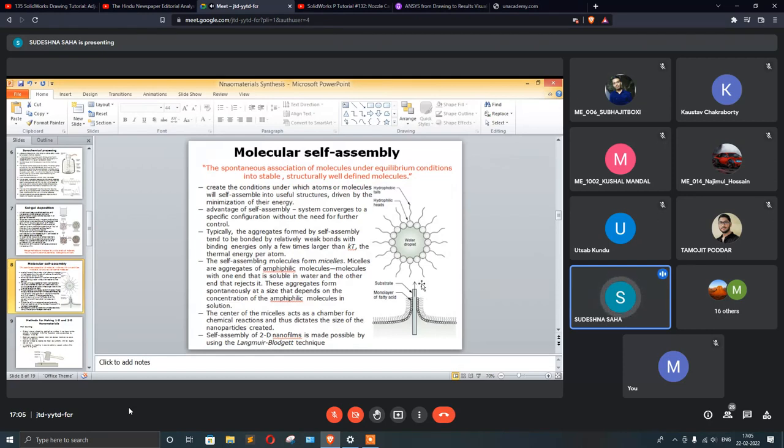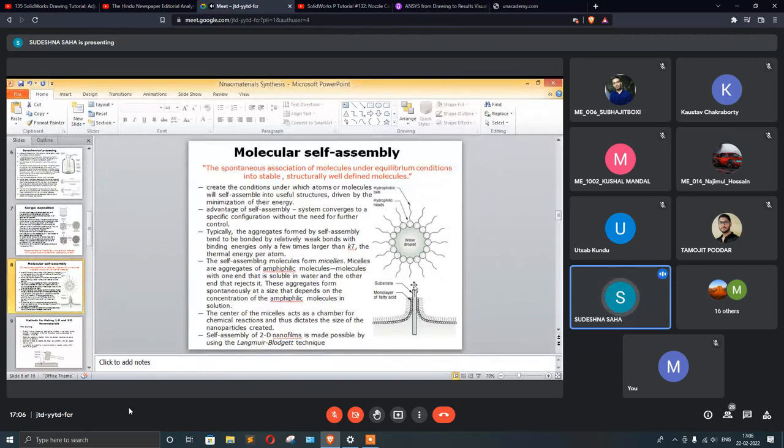And if you put a substrate within this Langmuir-Blodgett instrument, and you push it down, let us consider that it has a hydrophilic nature, and then you push it into the water.